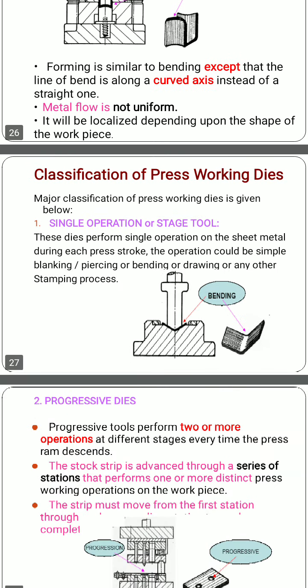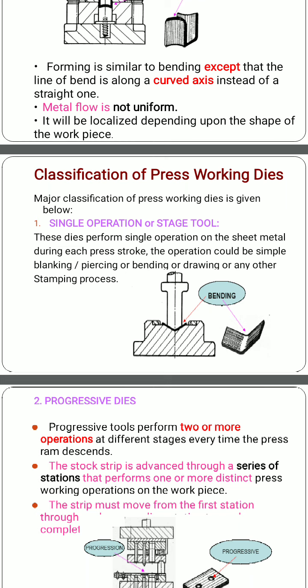Next we will go with the next topic, classification of press working dies. The major classifications of press working dies are as follows. The very first one is the single operation or single stage tool. Single means only one operation is carried out at one time.